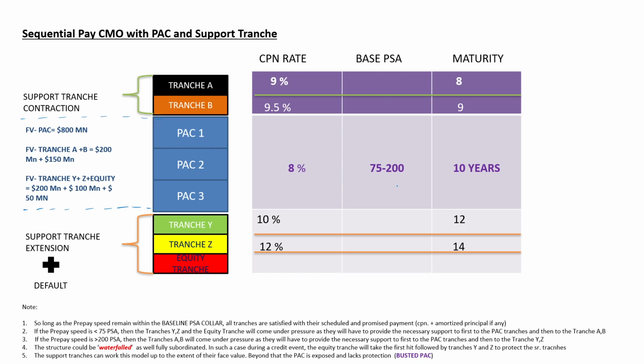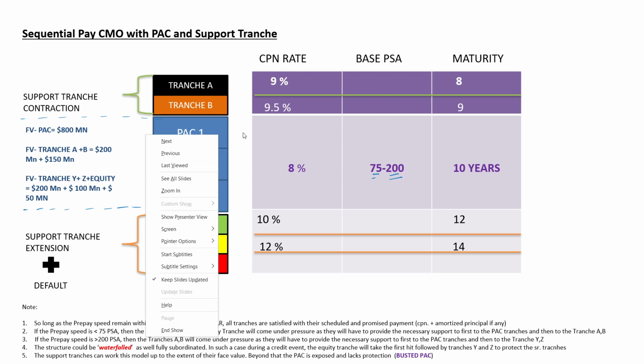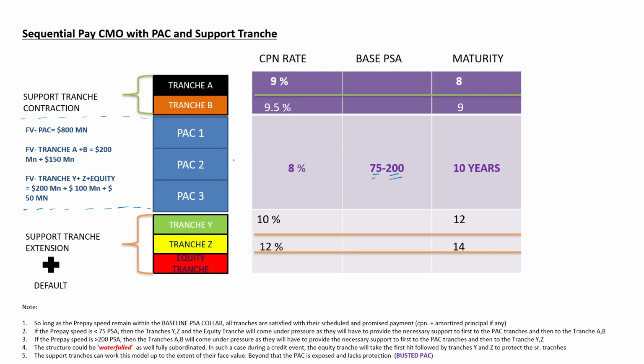So in this example, there are 3 tranches: PAC 1, PAC 2, PAC 3. As long as the base prepayment speed remains between 75 PSA and 200 PSA, the average expected life of all these 3 PAC tranches will remain intact.